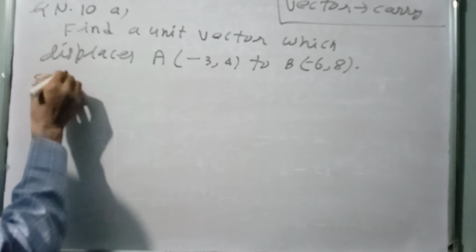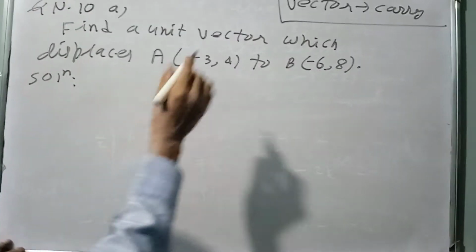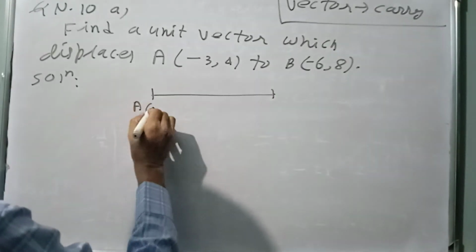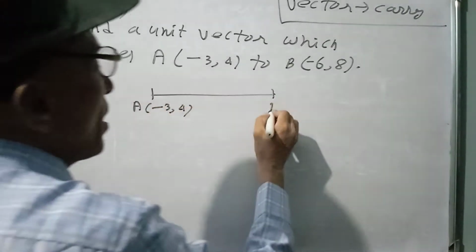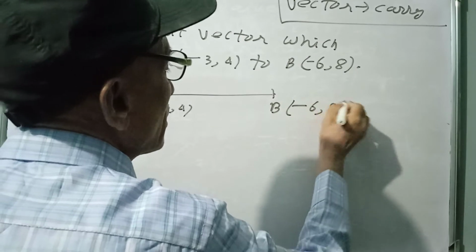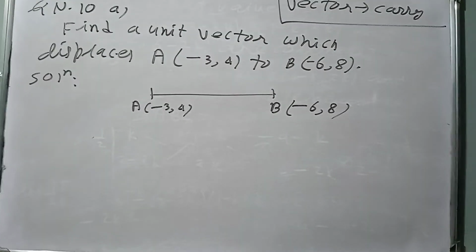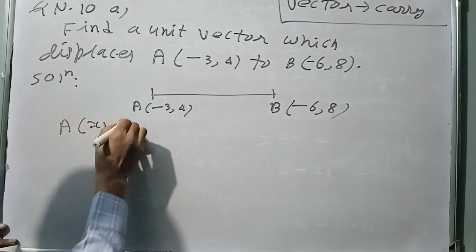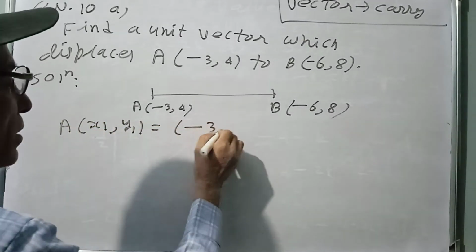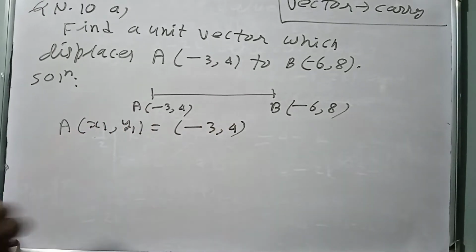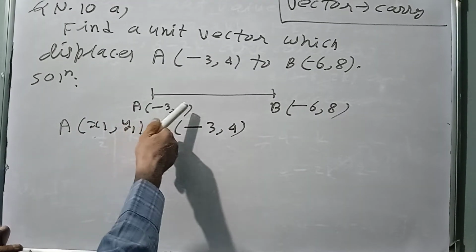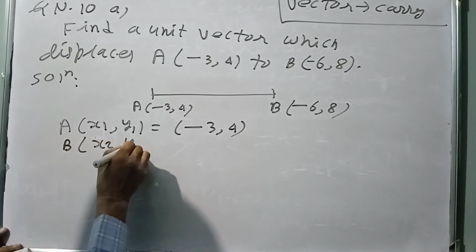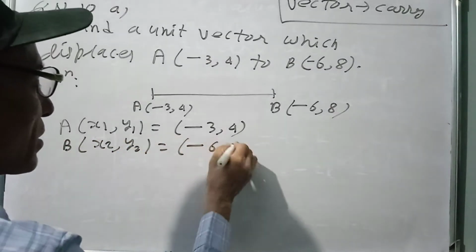Solution. The vector that takes a to b: write a (minus 3, 4) and b (minus 6, 8). First point a, x1 y1 equal minus 3, 4, just like in coordinate geometry. Second point, x2 y2 equal minus 6, 8.